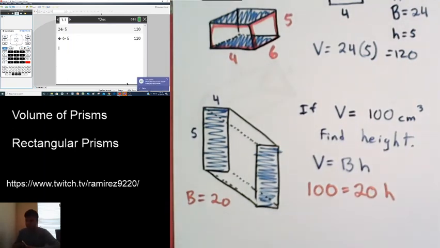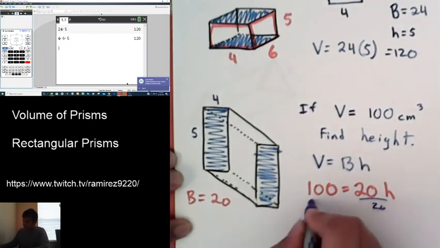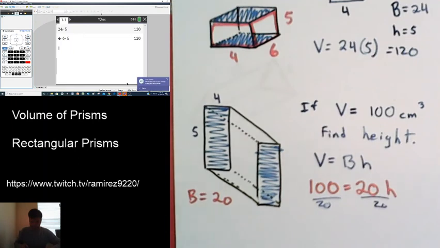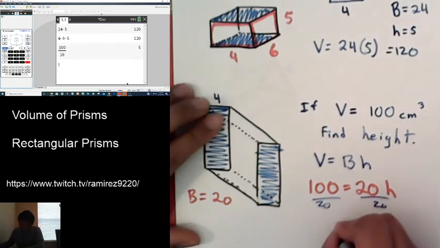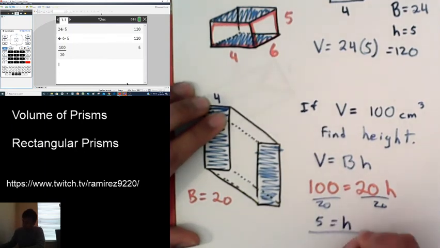So we just have to do a little calculation here where we end up dividing both sides by 20. So 100 divided by 20 is 5. And so my height is 5. It's that simple.